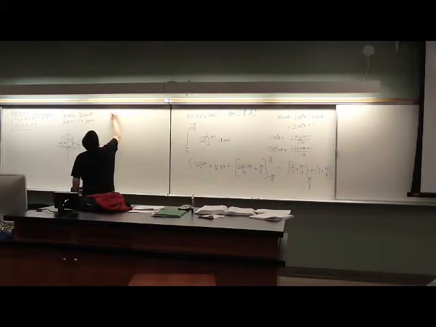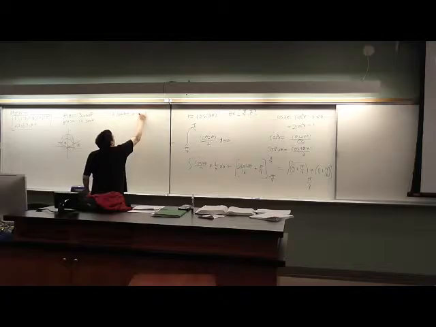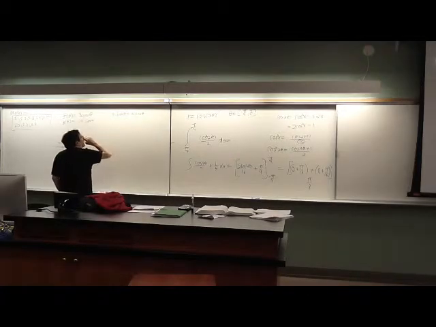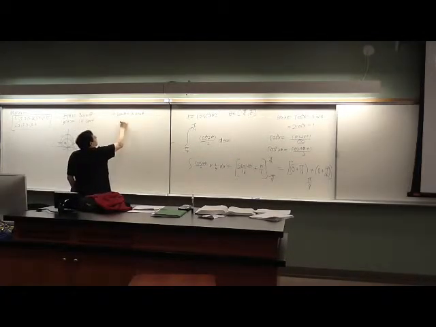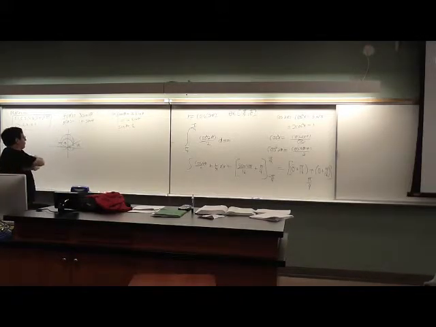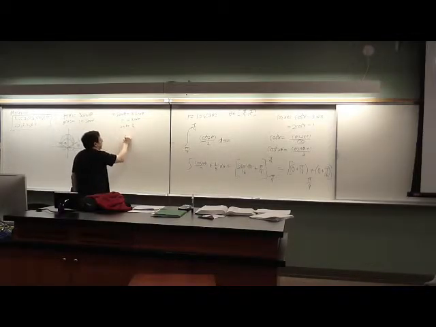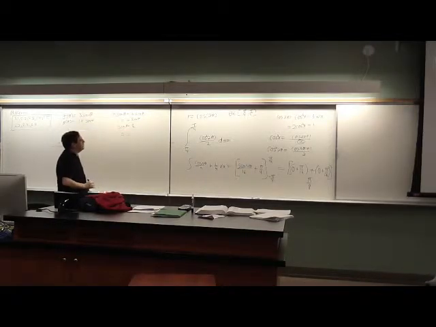And how do we do that? We set 1 plus sine theta equals 3 sine theta. So we get 1 equals 2 sine theta, or sine theta equals a half. Okay, does anyone know for which theta sine theta is a half?